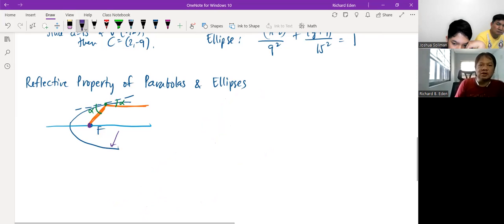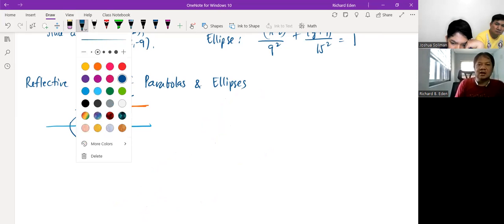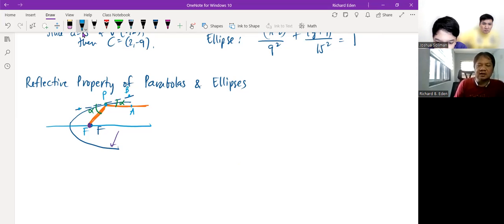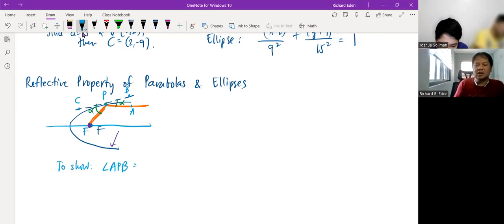Okay, so what we need to do is, if we label some of the points here, let's call this P, and then this A. We've already labeled that F. Tapos ito, let's label this B and C. We need to show that angle APB equals angle FPC. All right, kasi ito ang common angle of incidence and reflection.